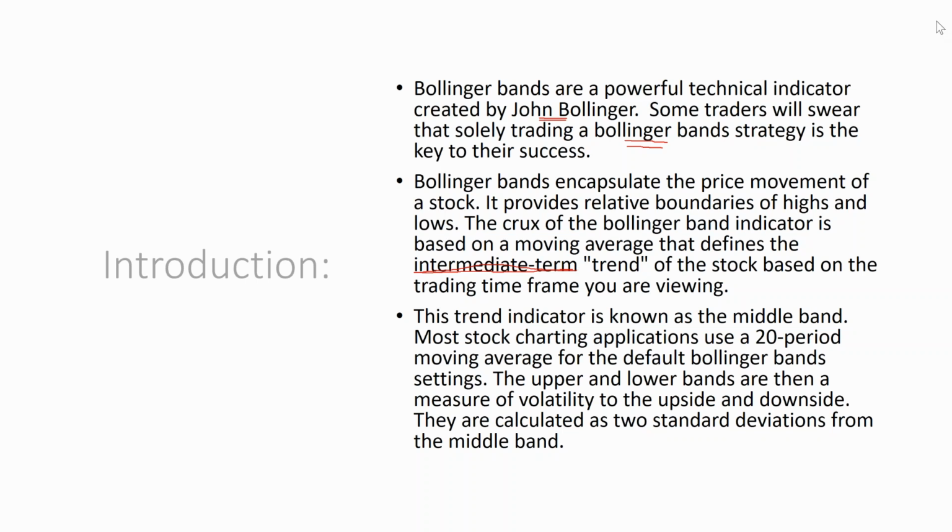So we have a middle band that is a 20 period simple moving average, and we apply two standard deviations on it, and it creates a band around the price, which contains 90% of the price movement, and the Bollinger Band is made. You don't have to calculate two standard deviations manually. It's all in the charting software. Any charting software you're using, we'll see how it is done.